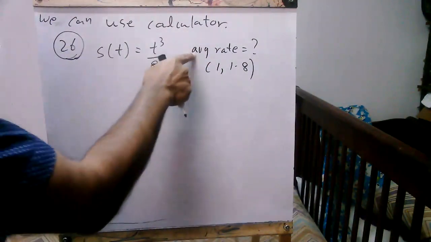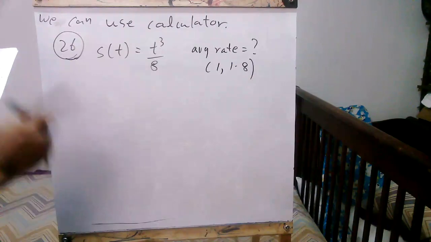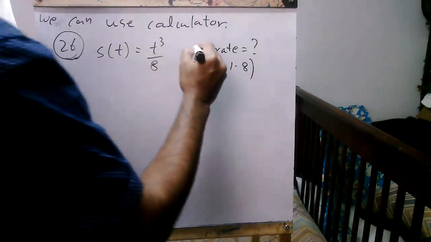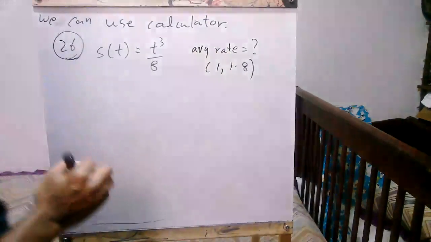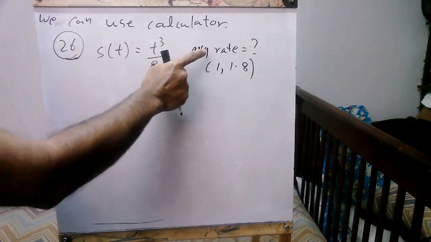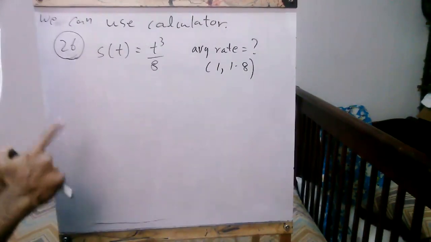It's asking for the average rate in this interval. When it's the average rate, we know it is not the derivative. If it is the derivative, what do we say? It is the instantaneous rate. When it's the average rate, it is not the derivative.